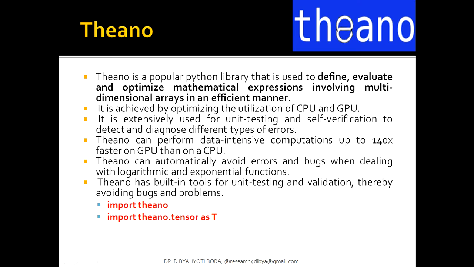It can perform data-intensive computation up to 140x faster on a GPU than on a CPU. It can automatically avoid errors and bugs when dealing with logarithmic and exponential functions. It has some built-in tools for unit testing and validation, therefore avoiding bugs and problems. So this is one of the major features of Theano. This can be imported as import theano or import theano.tensor as T.